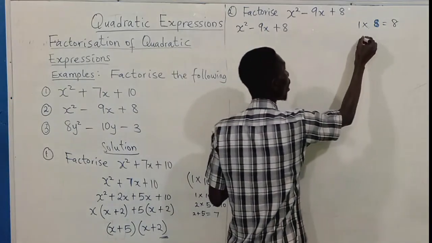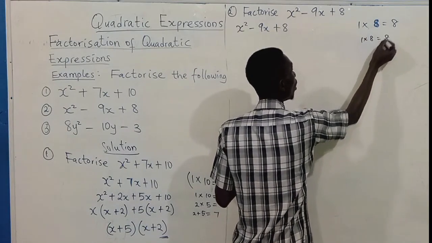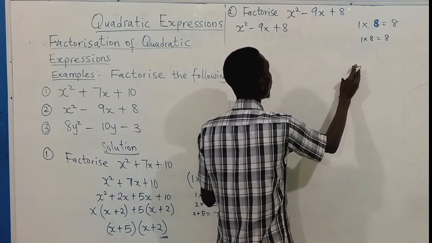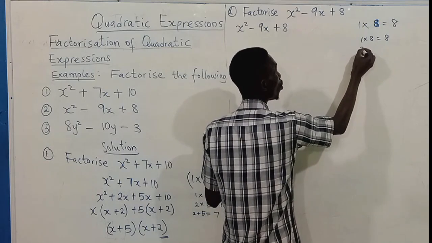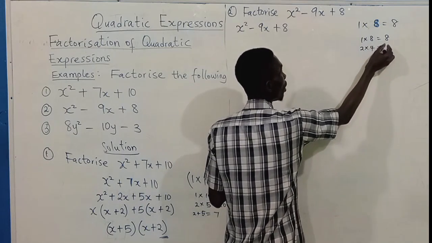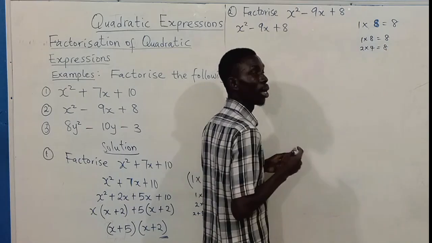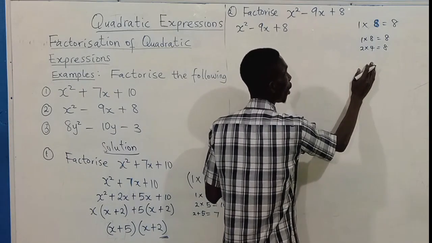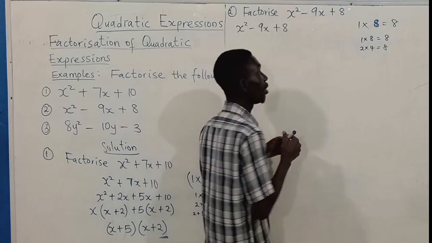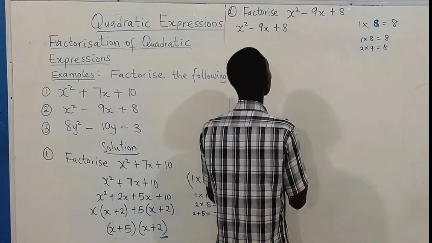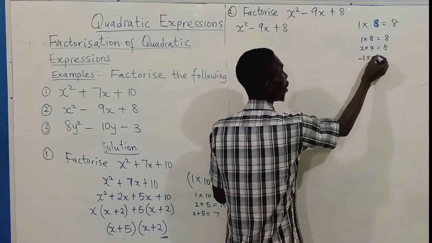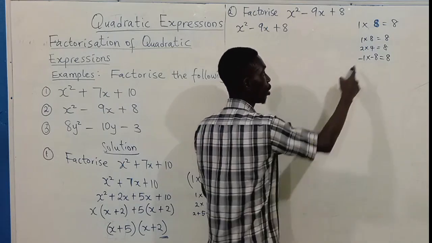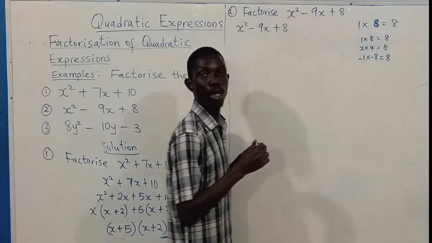So the factors are 1 times 8 is 8, but if I add this up, it will give me plus 9. I'm looking for minus 9. If I do 2 times 4 is 8, if I add this up, it's nowhere close to 9. It's 2 plus 4 is 6. So I can decide to introduce negative numbers and see. If I have minus 1 times minus 8, it will also give me 8, because minus times minus is plus.